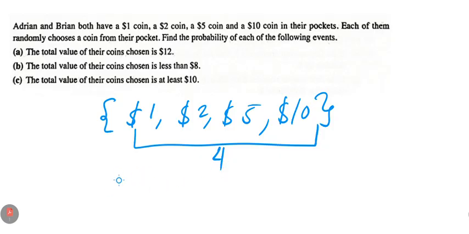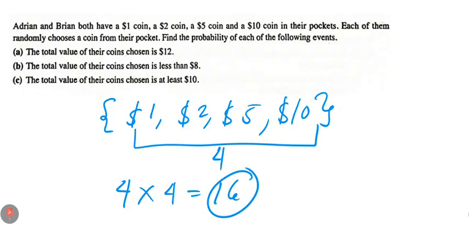To find the total outcomes, we multiply them. So 4 times 4 equals 16. That gives us 16 total possible outcomes.